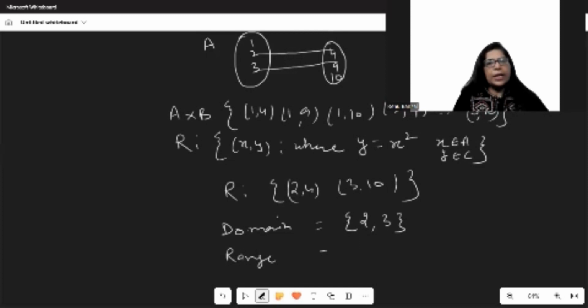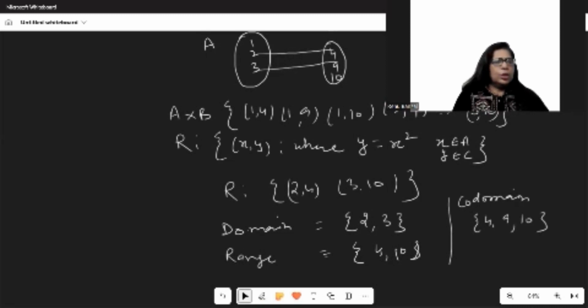That is the second elements of our ordered pairs. That is 4 and 9. And what is my codomain? Codomain is the complete set C. That is 4, 9, 10.